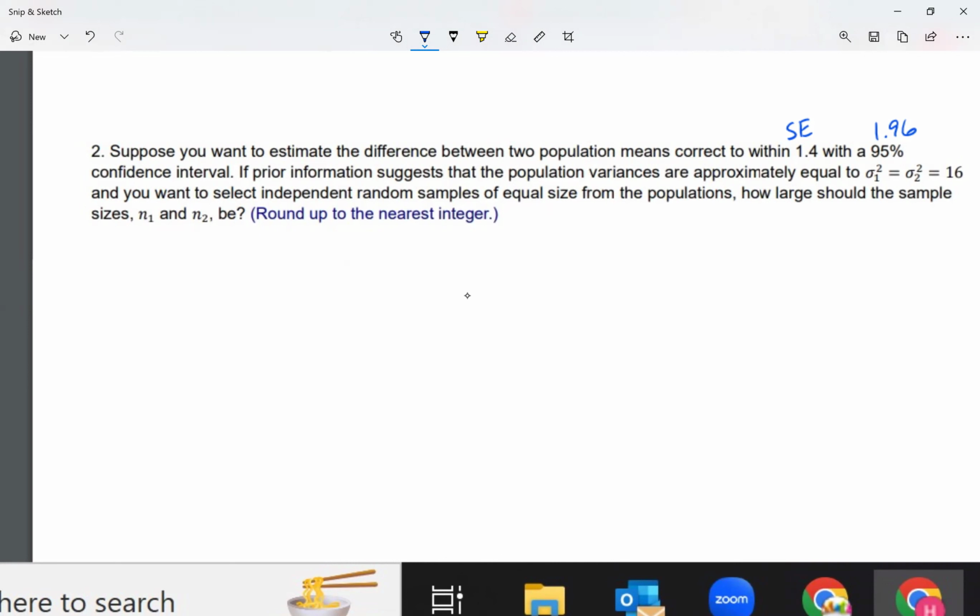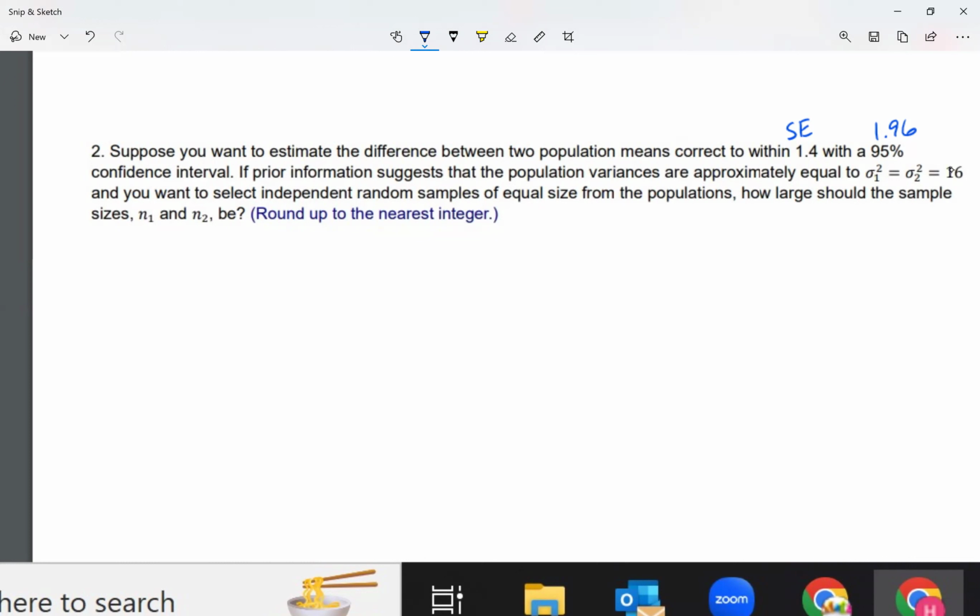If prior information suggests that the population variances are approximately equal, and it says the variance of sample 1 is equal to the variance of sample 2 is equal to 16. Nice, I know both variances. And you want to select independent random samples of equal size from the population. How large should the sample sizes n1 and n2 be? Round up to the nearest integer.